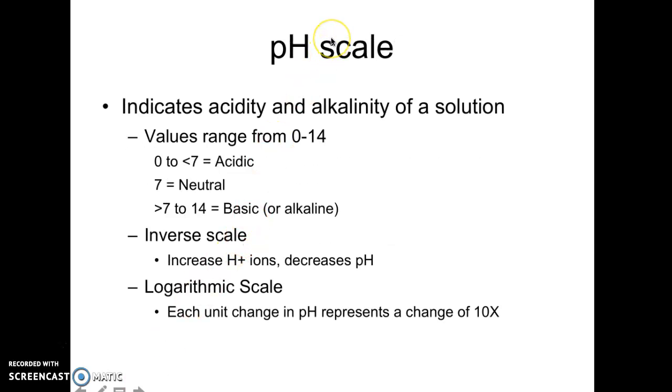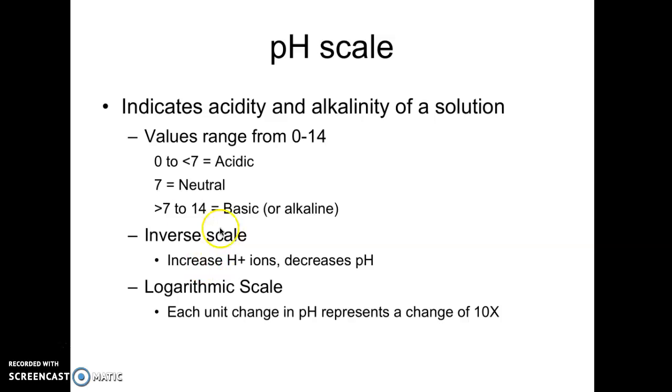So we have what we call a pH scale, which indicates the acidity or alkalinity of a solution, so whether it's acid or base. We have a range from 0 to 14, and 0 to 7 are our acids. 7 is neutral, and then about 7 to 14 are our bases.